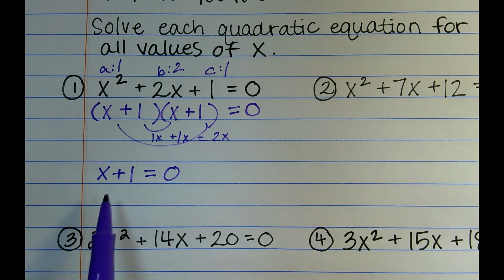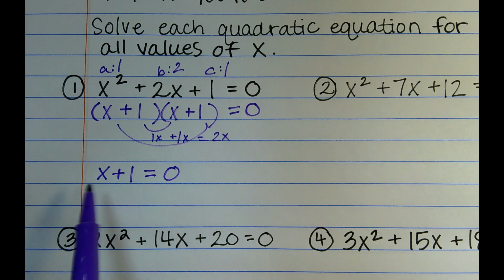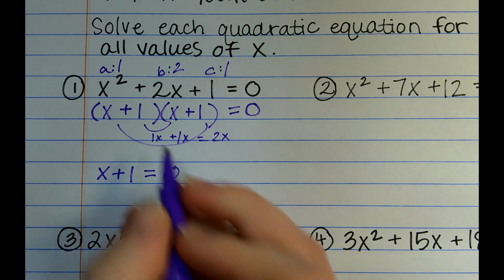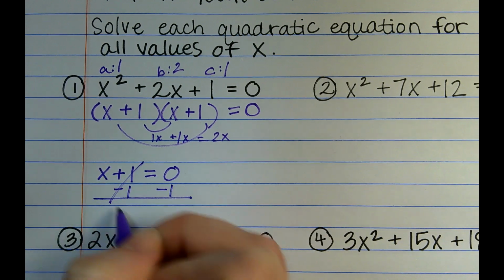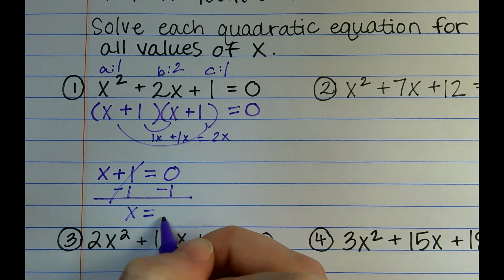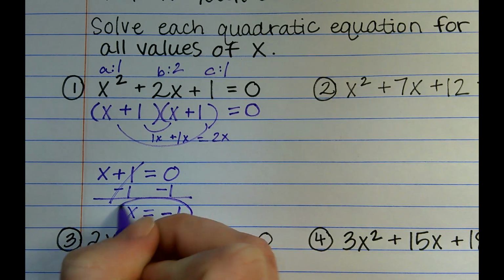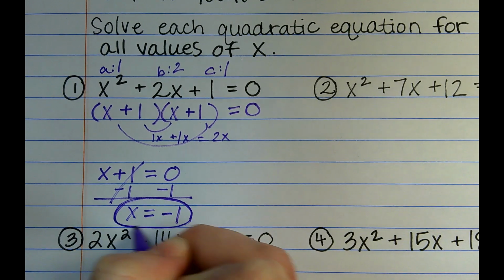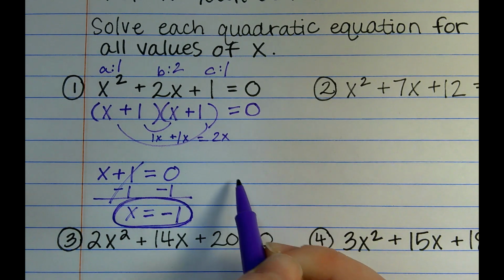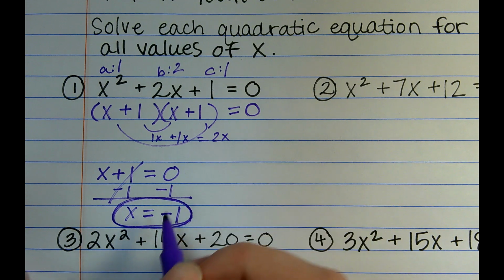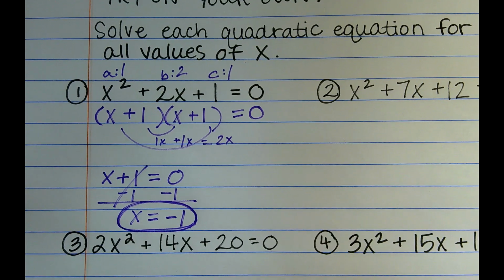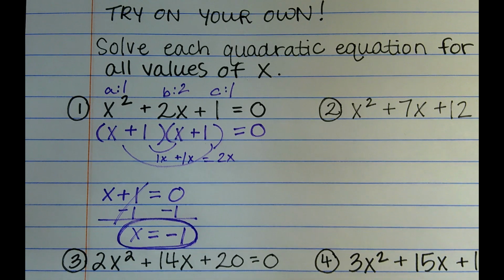We pulled out one of our factors and set it equal to 0. Yes. -1 on both sides, and we get x equals -1. We could do the other factor, but it's exactly the same. We would just be writing that problem twice. So there's no need. There's actually only one answer for x here. All right. Any questions on number 1?